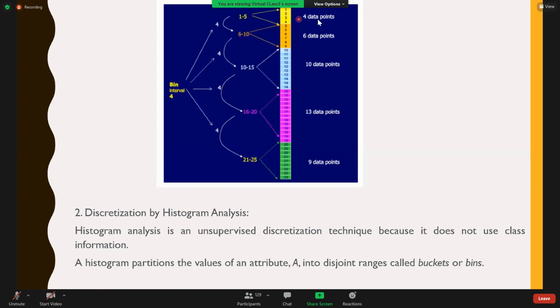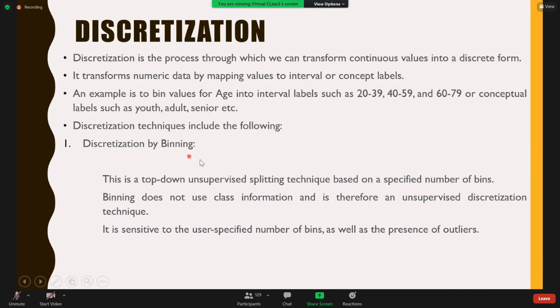In this way, you are performing the discretization. The first 4 data points belong to the first bin, the next 6 data points to the next bin. In the third bin, we have 10 data points, in the fourth bin 13 data points, and in the last, fifth bin, 9 data points. So this is discretization by binning. There is no need to use the class information of the tuple for splitting.